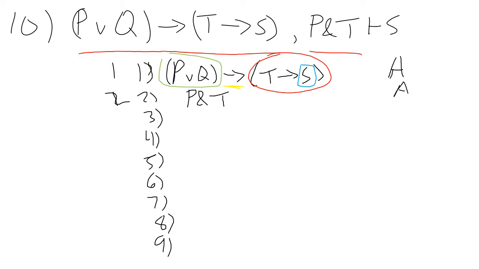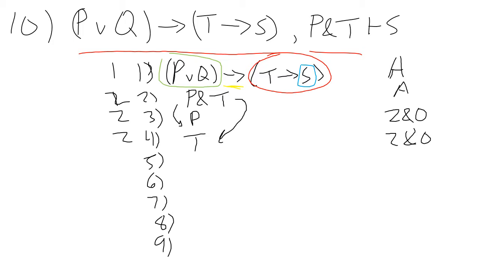So let's look at what we can do. The only thing we can do is break up this ampersand here in 2. We'll write the left side, we'll write the right side. Now, I got the T, I got the P. Let's look back at our conditional statement.